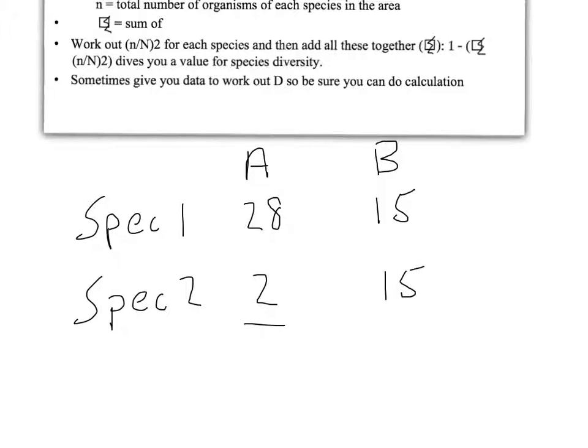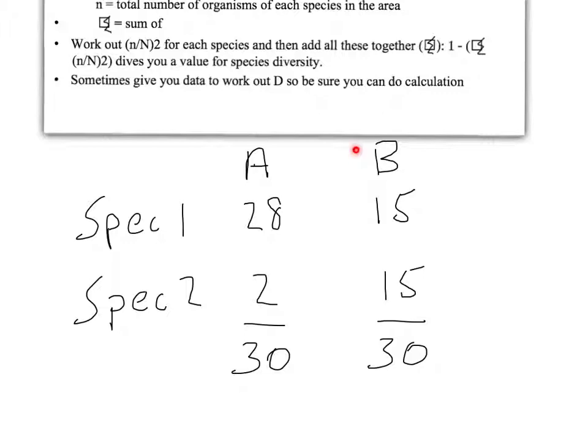So the total in each habitat was 30. Now what I'm going to do is show you how we can work out the Simpson's index of diversity for both my habitats, habitat A and habitat B.